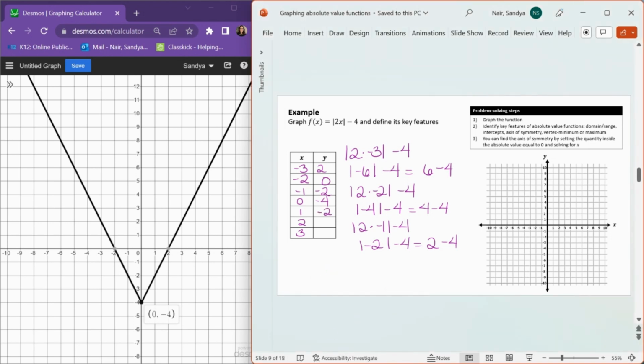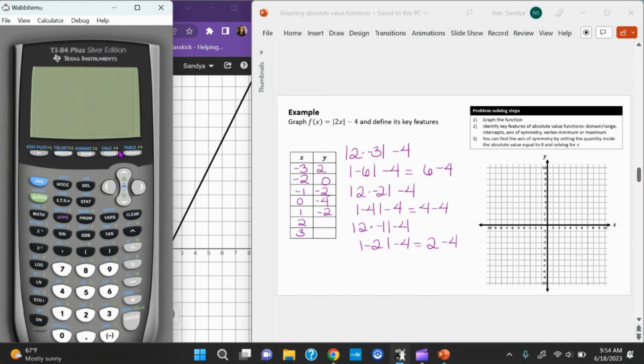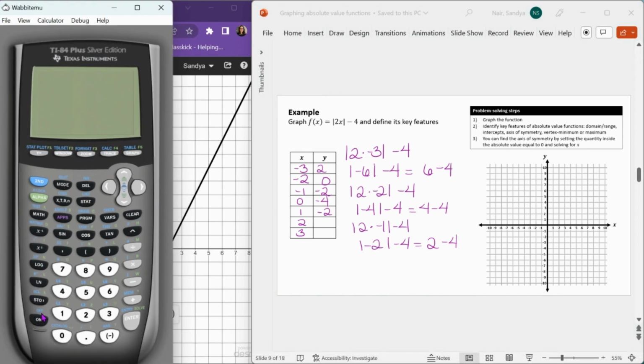Another way to do that is if you have your TI calculator, you can also use that. And remember, you can get the table of values. So you can go to y equals, and how you get the absolute value to show up on your TI, you need to use the math menu and then arrow over to the number menu. And you see it says ABS and then parentheses. If you hit enter on that, then your absolute value will show up. Okay, so we can do 2x.